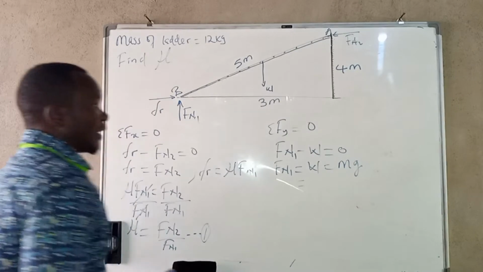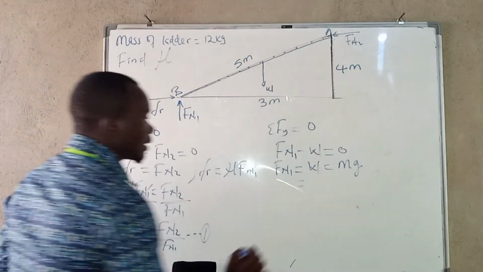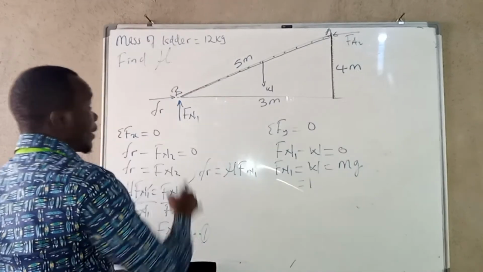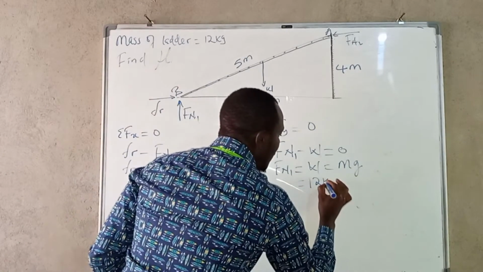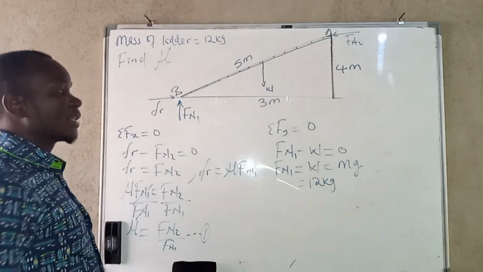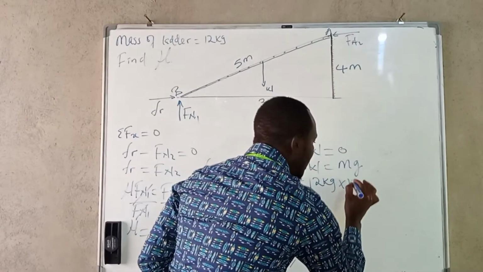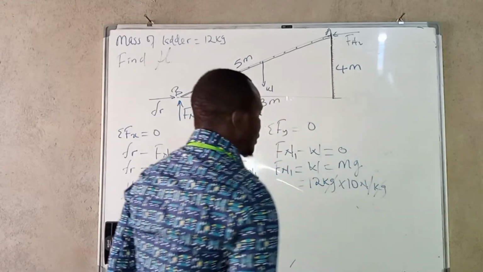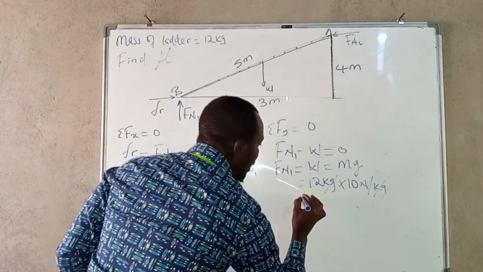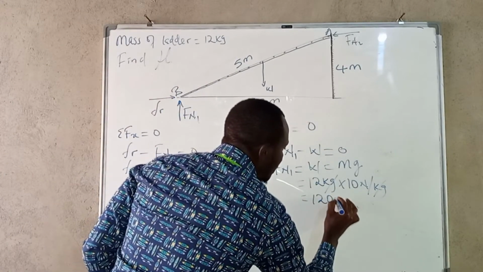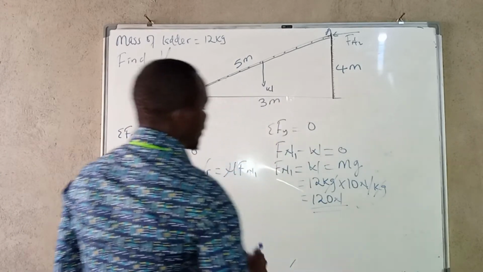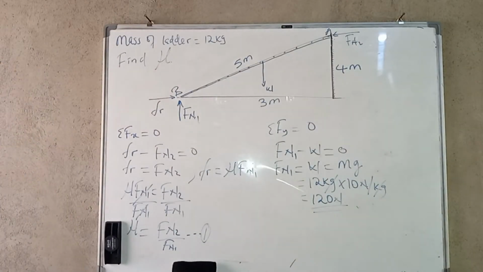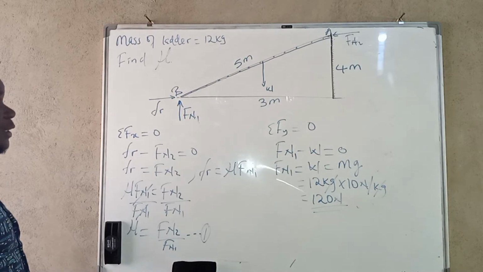Plugging in the values, the mass of the ladder is 12 kg and g, the gravitational field strength, is 10 newtons per kg. So kg and kg cancel, and 12 times 10 gives us 120 newtons. So this is Fn1.